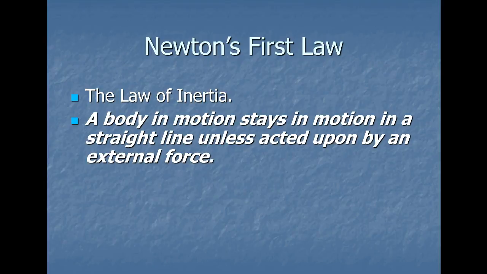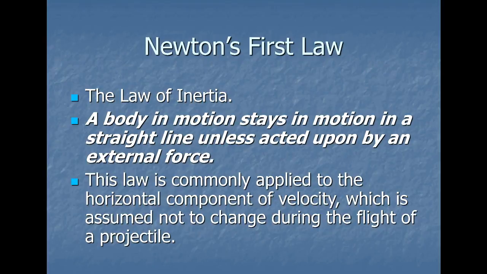We often apply this, such as in our previous unit, to velocity, such as the velocity of a projectile in flight. Sometimes we say objects in motion stay in motion and objects at rest stay at rest. The important thing is that this won't change unless we have an external force.